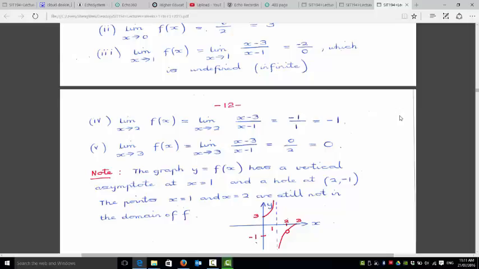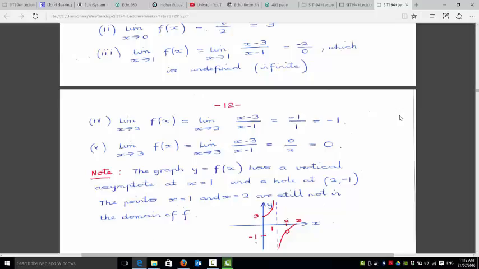Let's come to the next example. f(x) is equal to x minus 3 over x minus 1 when x approaches 2. At this moment, we just substitute x by 2 in the denominator and the numerator, and we get minus 1.